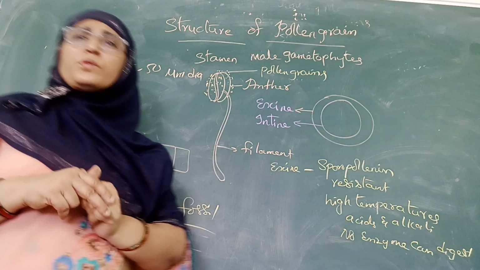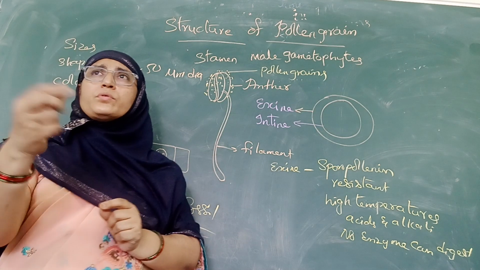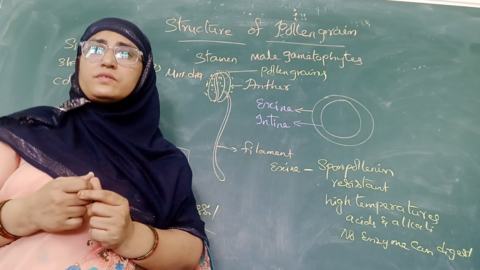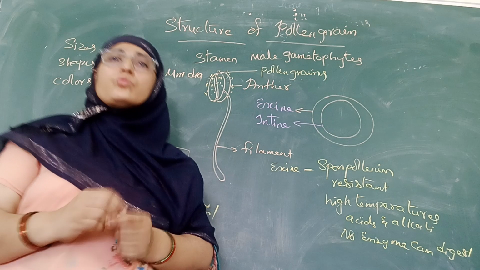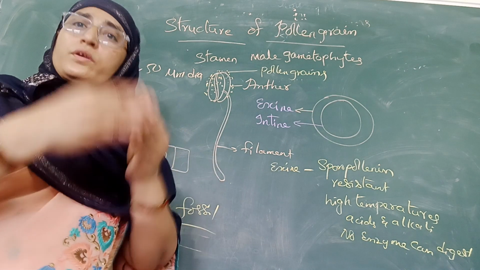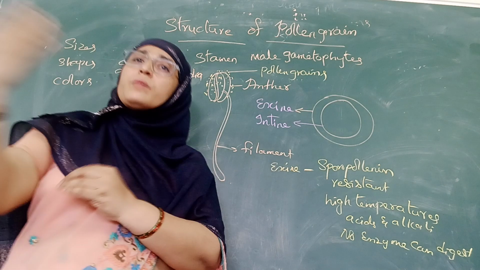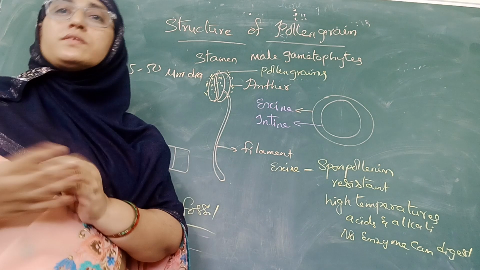In what cases can these pollen grains be stored? Suppose you have learned about extinct species and endangered species, yes or not? A plant which is at present in the endangered list may become extinct in the future.